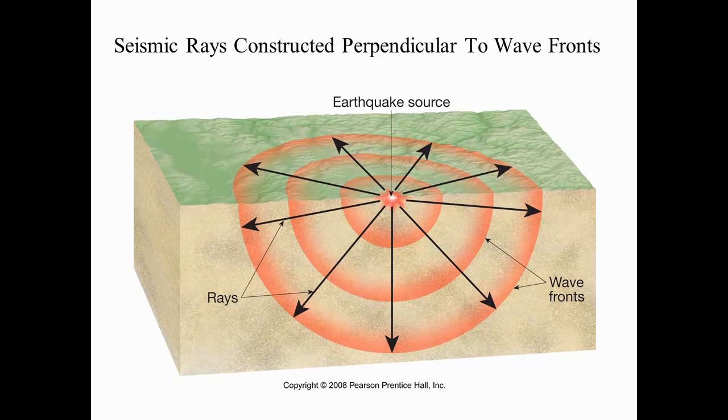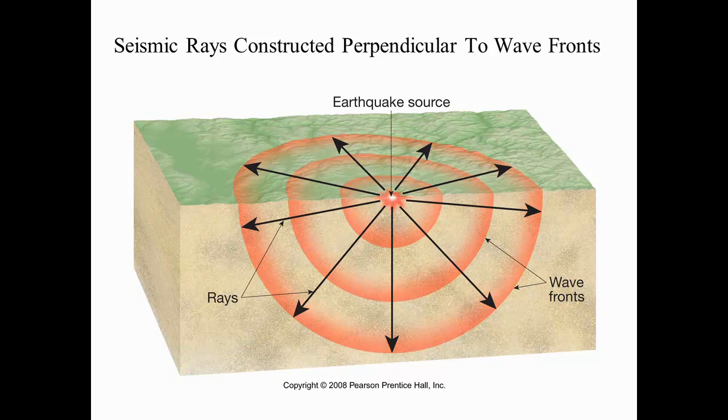Here, for an example, we have an earthquake source, and seismic waves are radiating from the source as a series of wave fronts. Well, we can follow these wave fronts as they pass through Earth's interior by constructing what are called seismic rays.